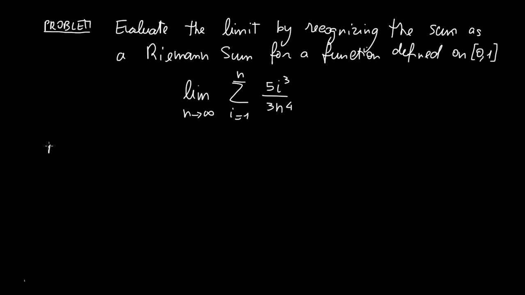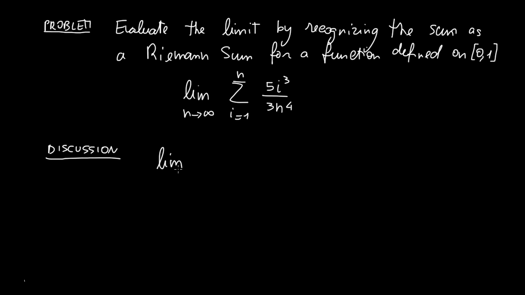Alright, so let's do a little bit of a discussion, try to understand what we're going to do. The important fact to point out is that the limit of a Riemann sum is by definition the definite integral.